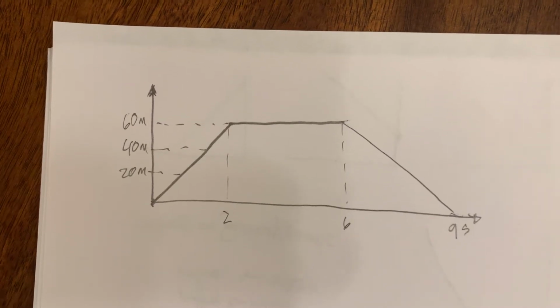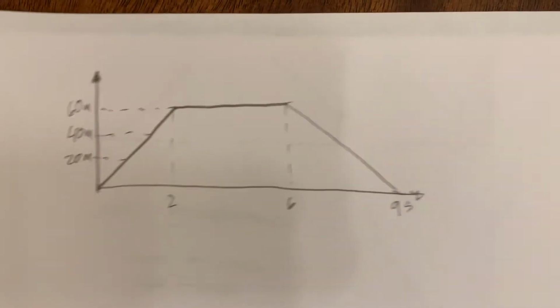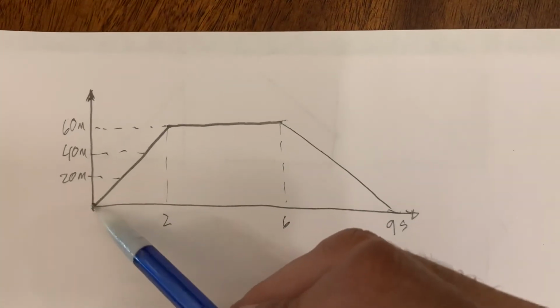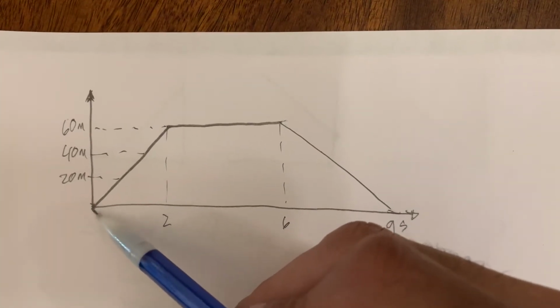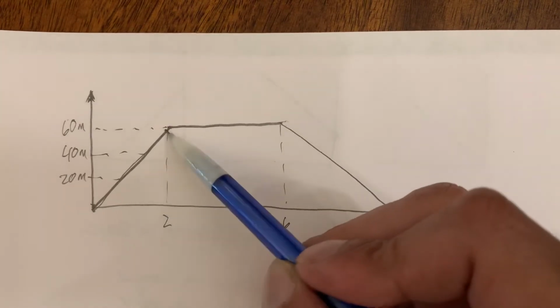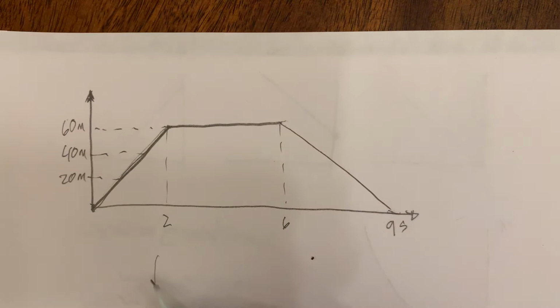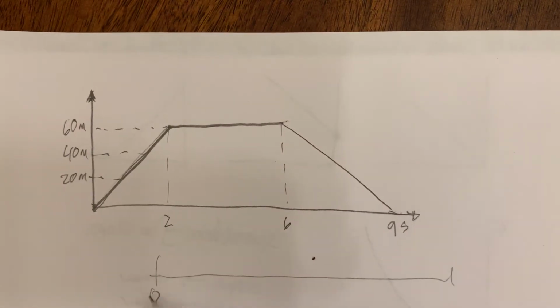Let's take a look at this graph here. I hope from the previous classes you could see that over here, the object starts from rest and moves away from the origin. So basically, if he was right here, let's say this is the 60-meter mark.